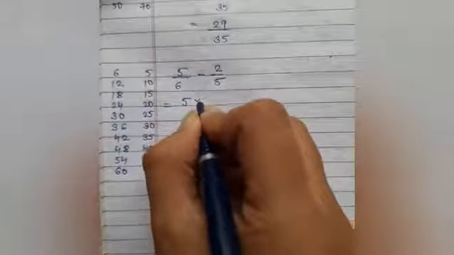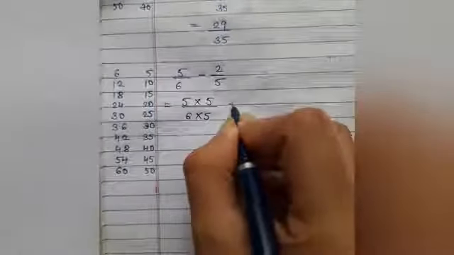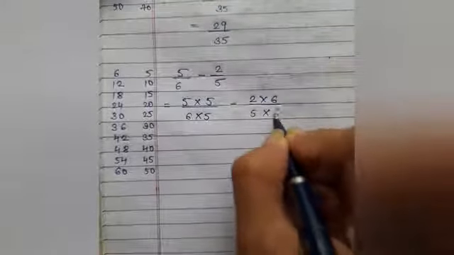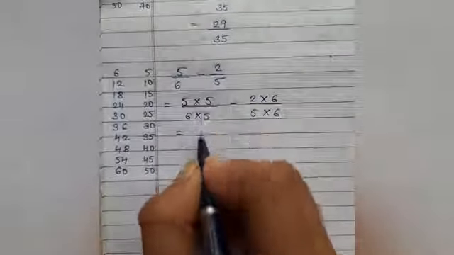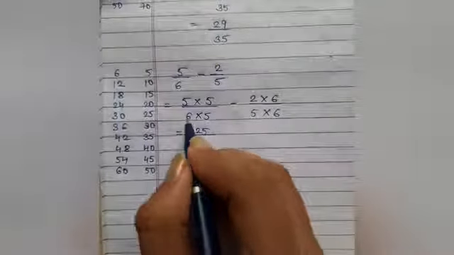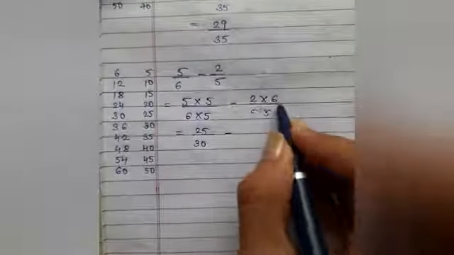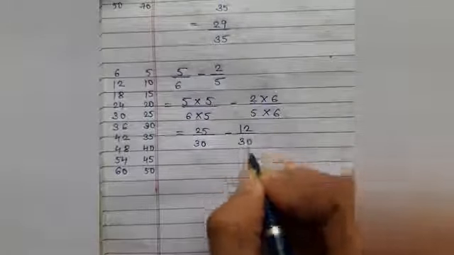So, it will go like 5 into 5 upon 6 into 5 minus 2 into 6 upon 5 into 6. Now, the equation will be carried as 5 into 5 makes 25 upon 6 into 5 makes 30 minus 2 into 6 makes 12 upon 5 into 6 makes 30.